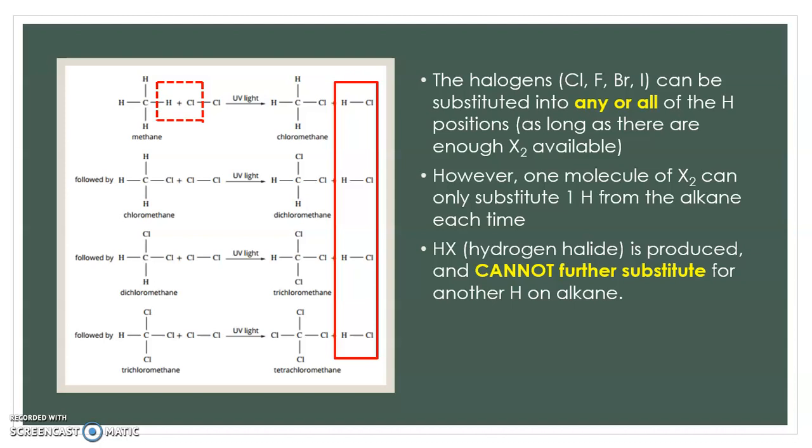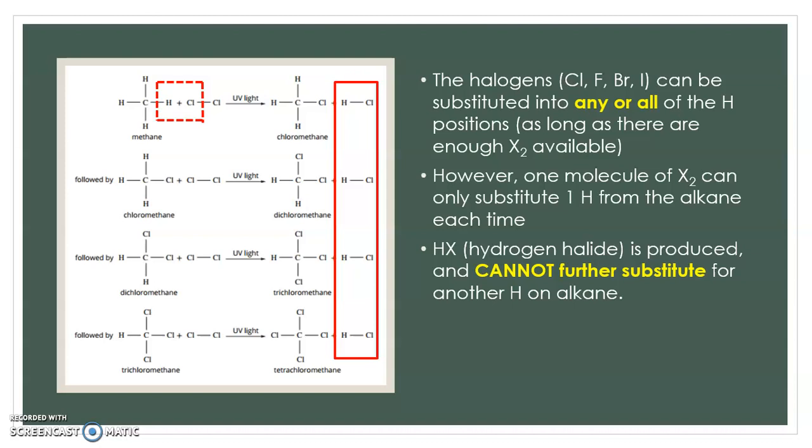They cannot further substitute for another hydrogen on an alkane. That means, for example, if you have 1 mole of methane and 1 mole of chlorine, once they completely react under UV light, then you will have just a pure bunch of chloromethane and maybe hydrogen chloride as a byproduct.